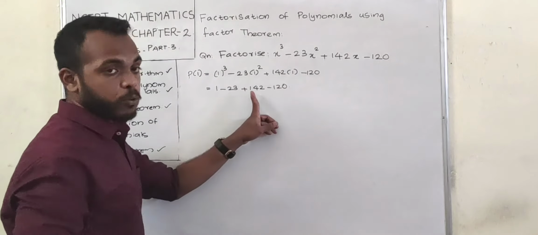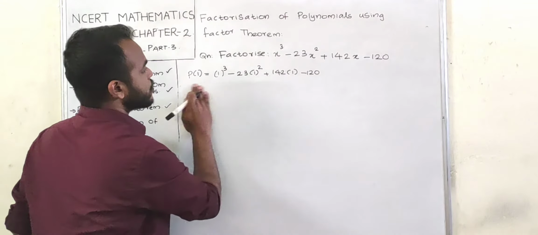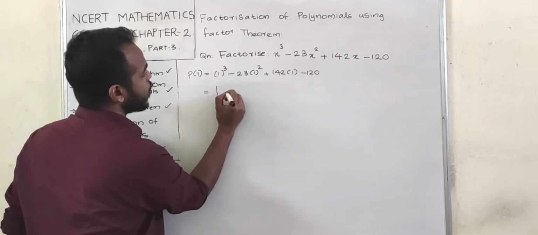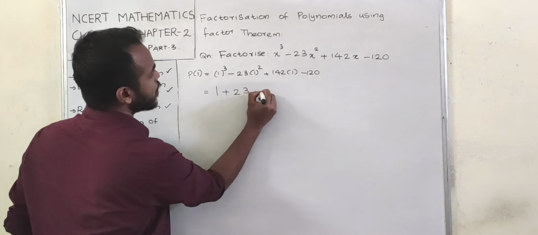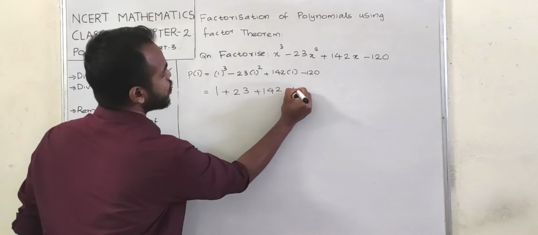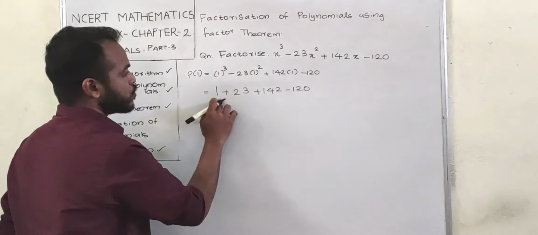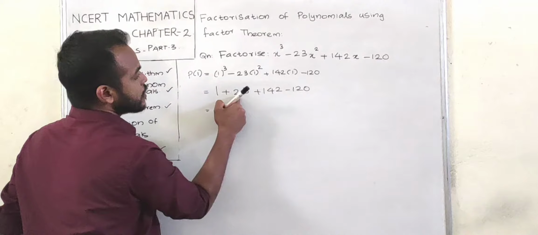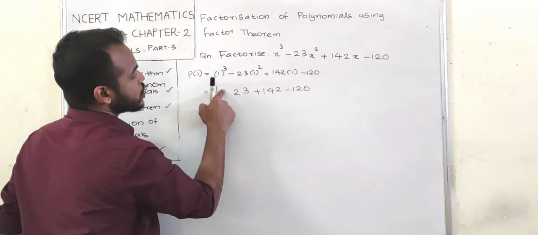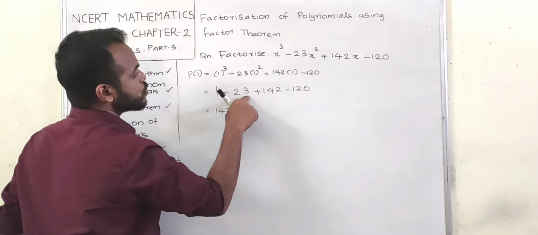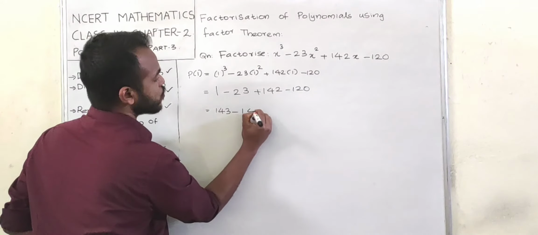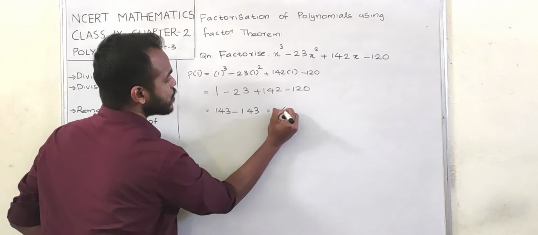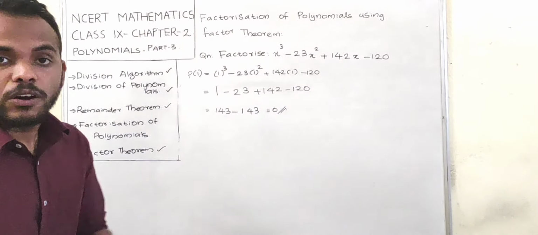First of all, add the positive terms: 1 plus 142 is 143. Here is the minus sign, so minus 23 minus 120 is minus 143. That will be 0.